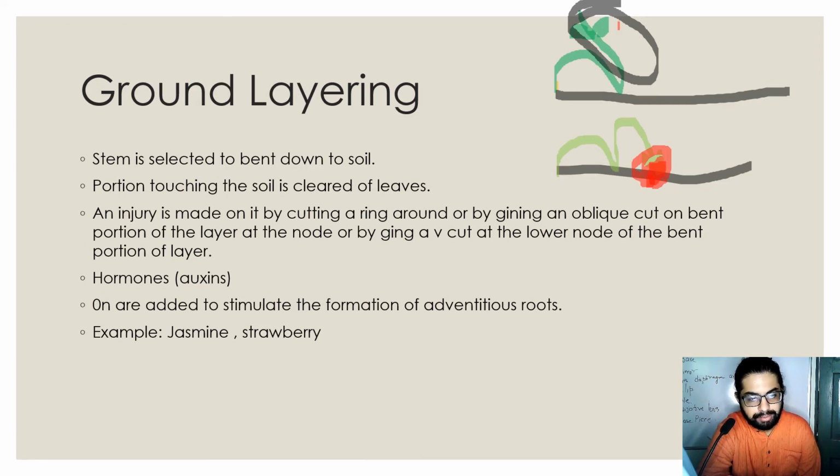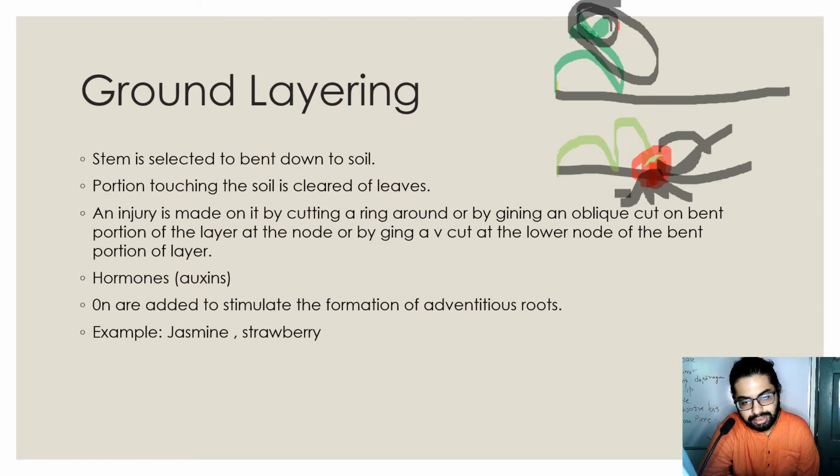Because this portion is used for bending, the leaves are taken out or cleared from the portion that touches the soil, because if the leaf is not taken out, then it will hinder the formation of these adventitious roots.